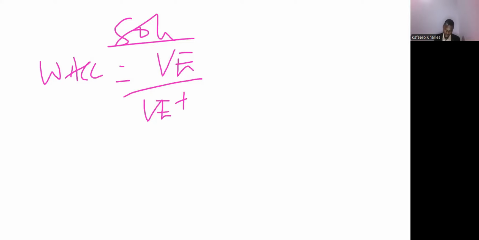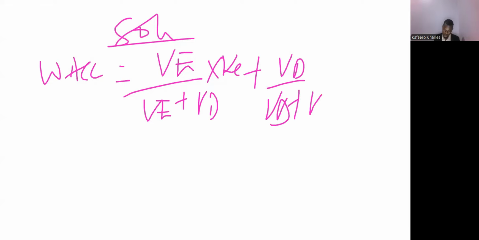So we can first give the WACC formula as VE over VE plus VD times KE plus VD over VD plus VE times KD (1 minus T), where T is the tax rate, meaning we are going to adjust for tax.